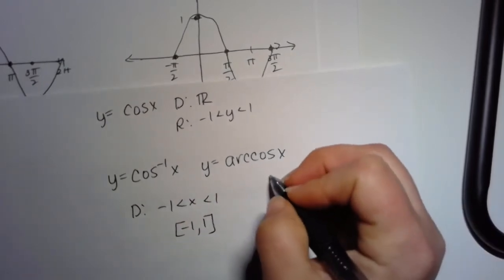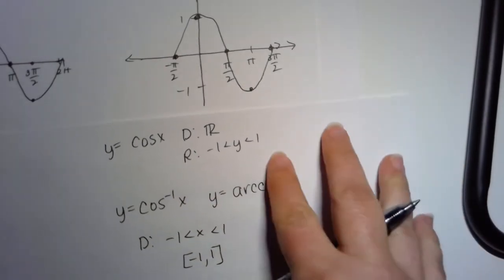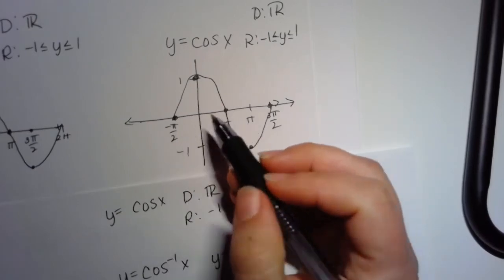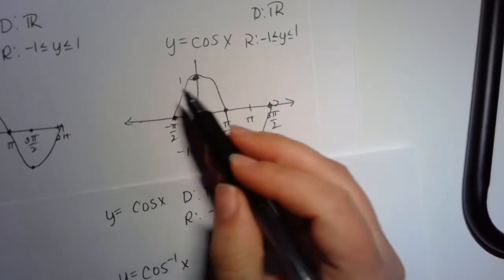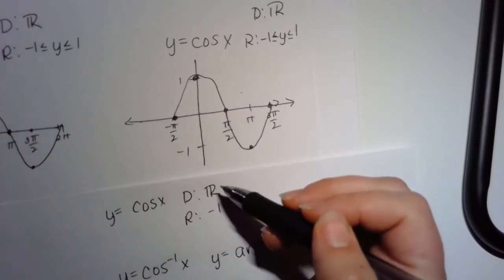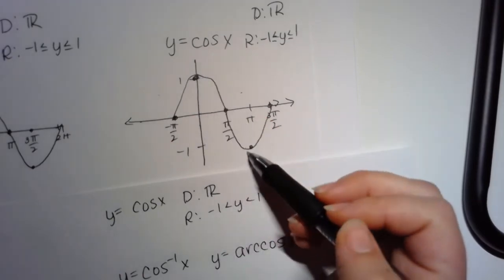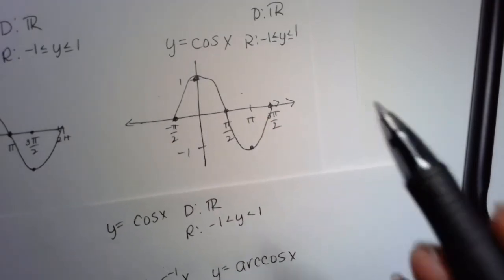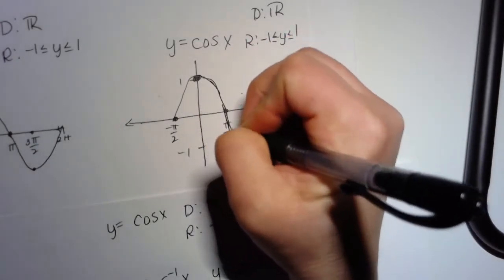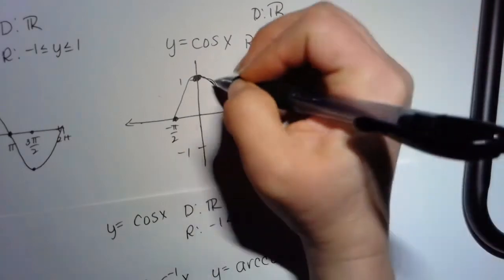And for my arc cosine, this time I can't use negative pi over 2 to pi over 2 because that immediately fails my horizontal line test, right? If I try to draw it in there, I go boop right away.